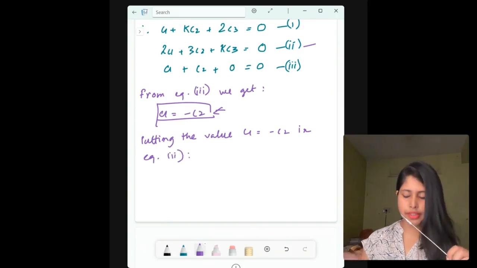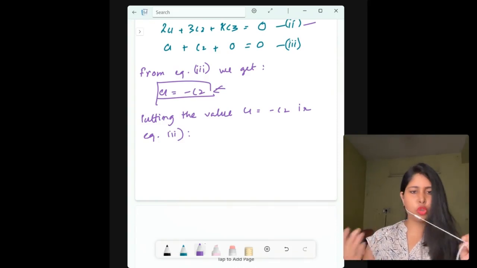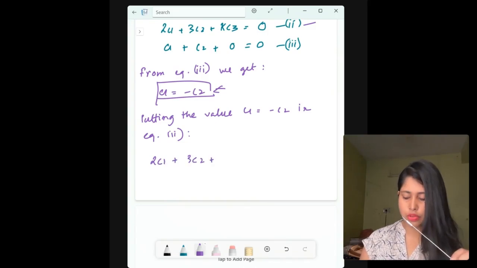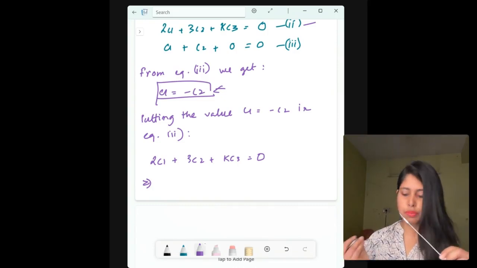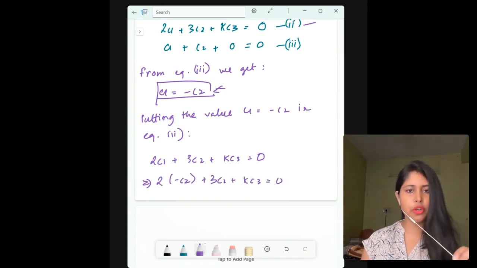So if you put that, then what do we get? We have 2c1 plus 3c2 plus kc3. If we substitute the value of c1 with minus c2, we get 2 into minus c2 plus 3c2 plus kc3 equals 0.